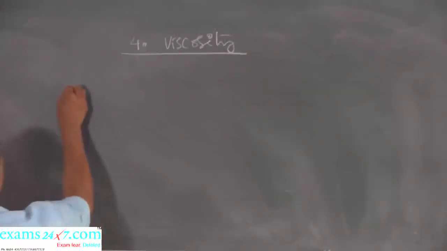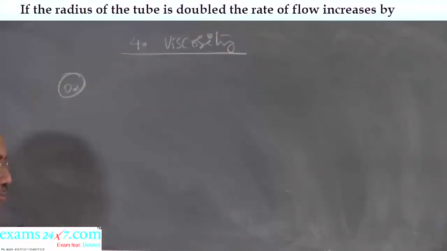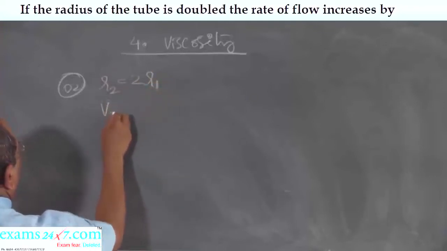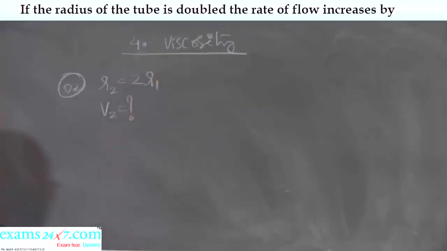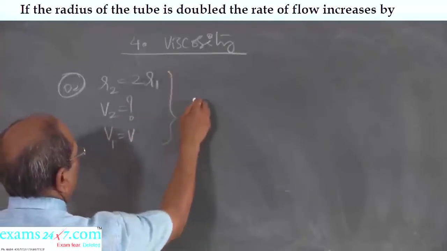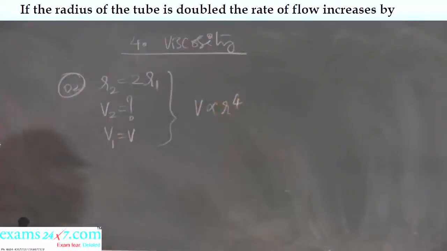The fourth unit is about viscosity. Question number 2. If the radius of the tube is doubled, the rate of flow increases by how much? R2 is 2R1. V2 is how much? V1 is V. You know from Poiseuille's formula V is proportional to R to the power of 4.